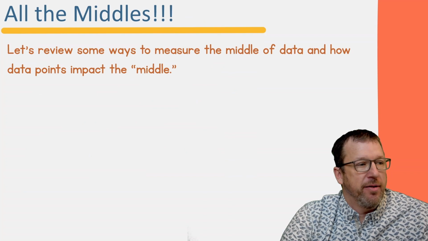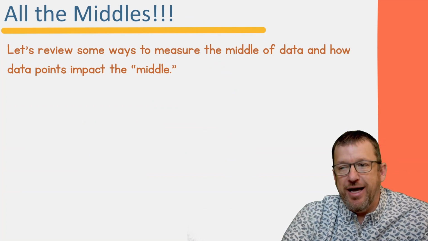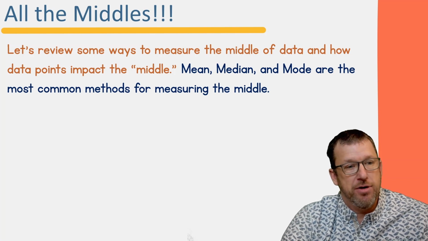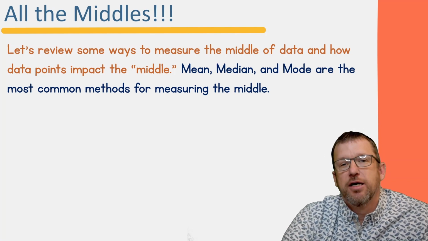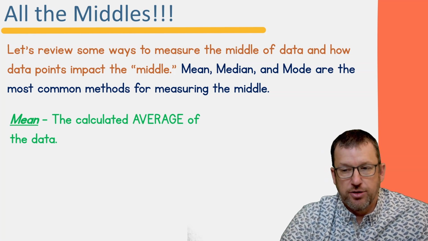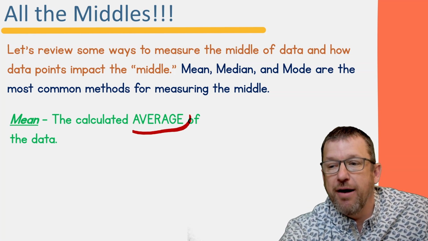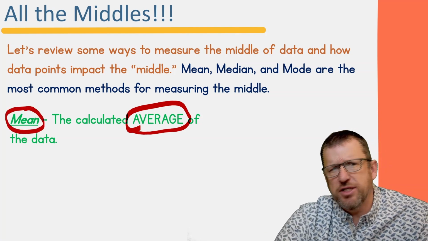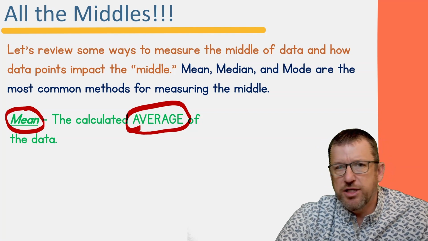Okay, so all the middles. Let's review some ways to measure the middle of data and how data points impact the middle. Mean, median, and mode are the most common ways for us to measure the middle. The mean is the calculated average. Average is the same thing as mean. A lot of your life, you'll hear people say, what's the average? What's my grade point average? What's his batting average?